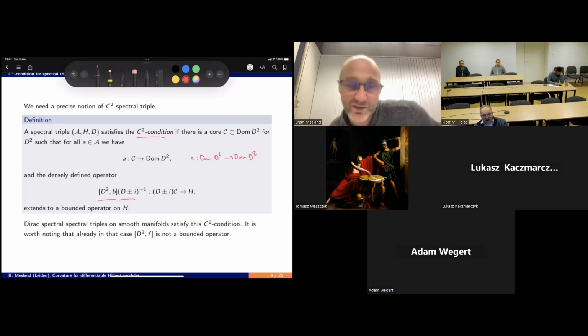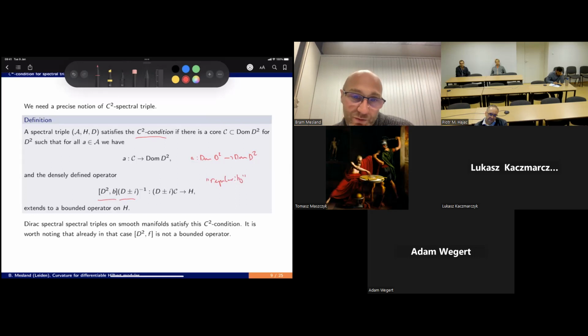And this condition is related to the more well-studied regularity axioms that exist for spectral triples, but these require much more than I need. So the reason for giving this definition is that I want to be minimal in my conditions, and this is the condition that we need.